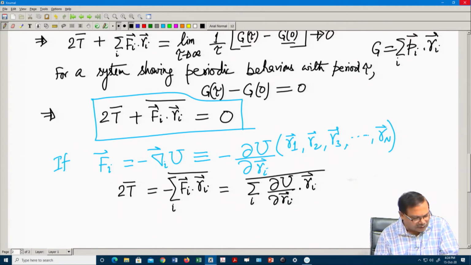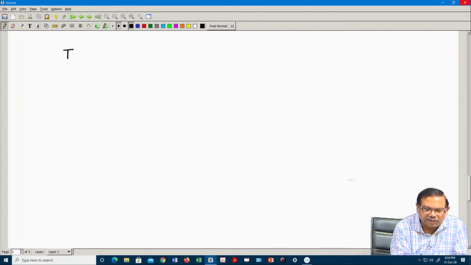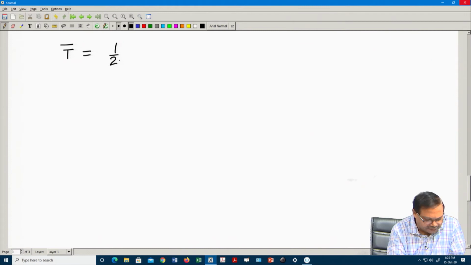And so, what am I going to get? So, now I have an expression for the average of kinetic energy as half, the 2 I have put on the right hand side.